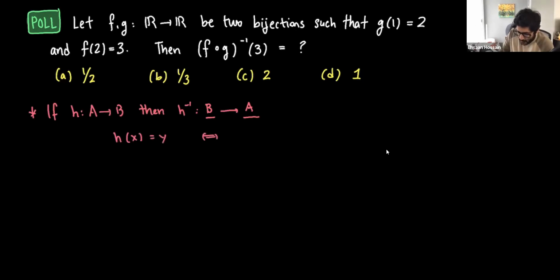What does that tell you about h inverse? h inverse of y equals x, exactly. If h sends x to y, h inverse undoes that. It sends y back to x. So think of inverse as undoing. h inverse undoes h, just like how square roots undo squares. Oh yeah, Control Z, exactly.